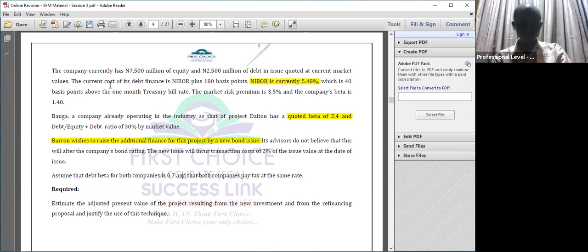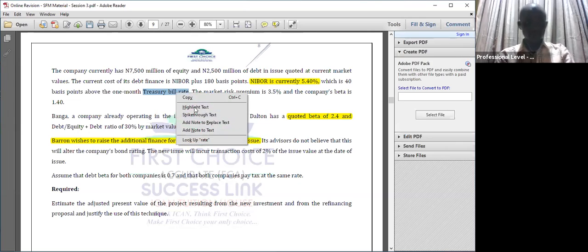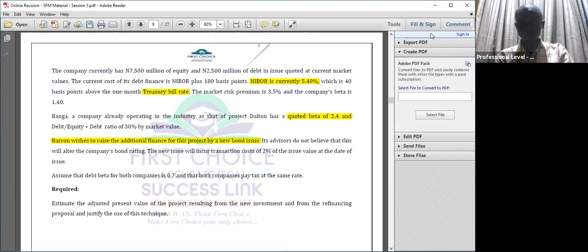The company cost of debt finance is NIBOR plus 180 basis points. NIBOR is currently 5.4%, which is 40 basis points above the 1 month Treasury bill rate. Don't forget that the Treasury bill rate is assumed to be risk-free. Please don't forget.